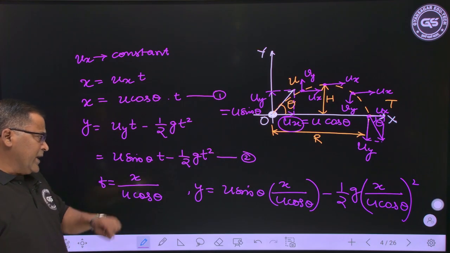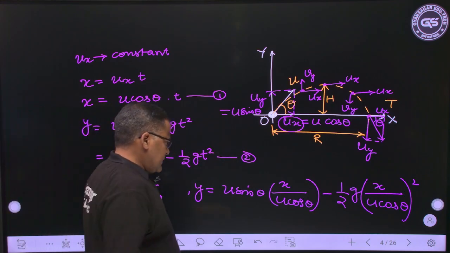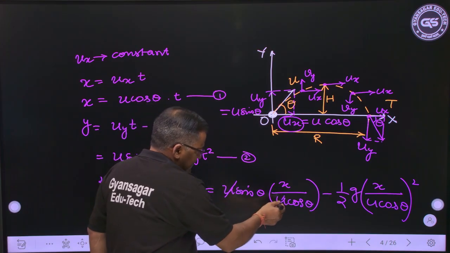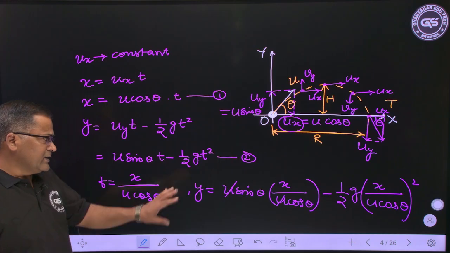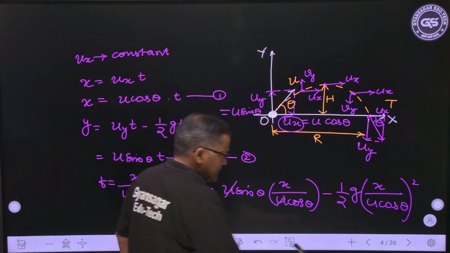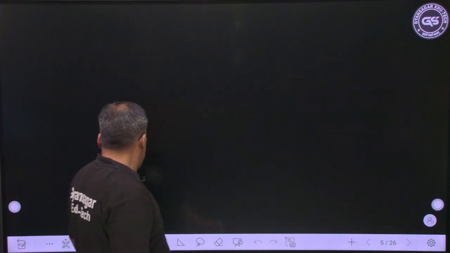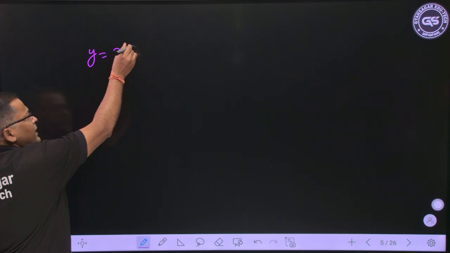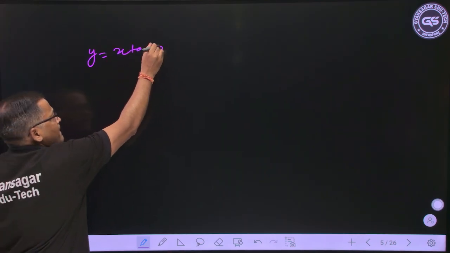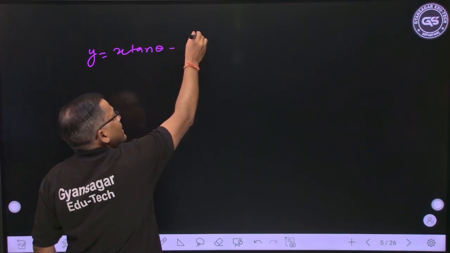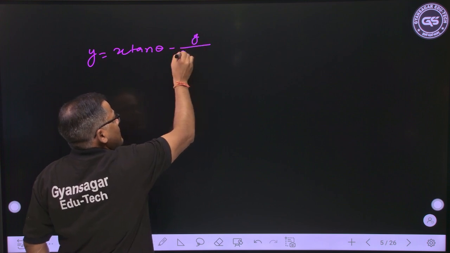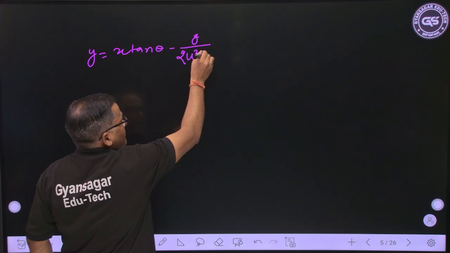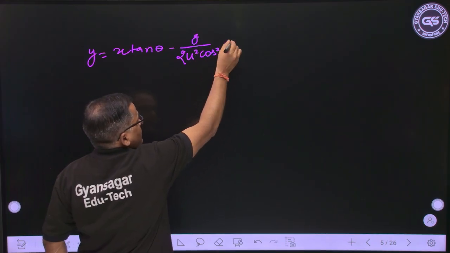So from this thing we can say x cancels out and in the end we will get y equal to x tan theta minus g upon 2u squared cos squared theta into x square.